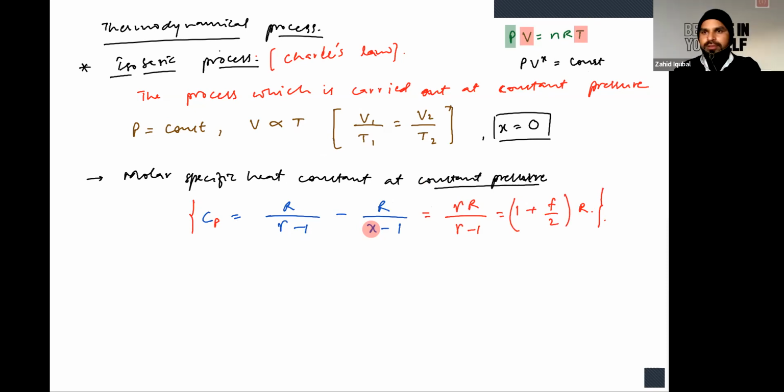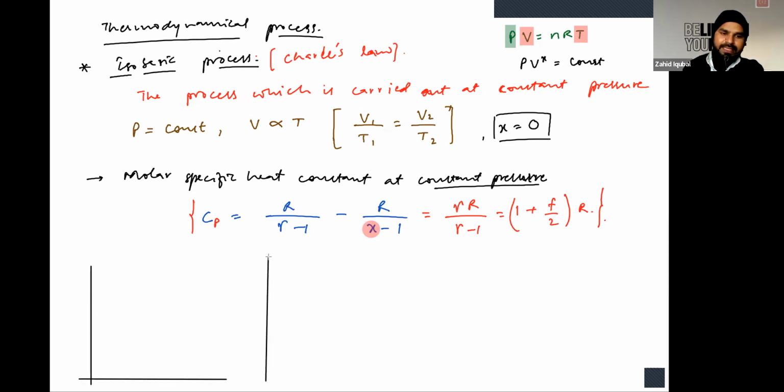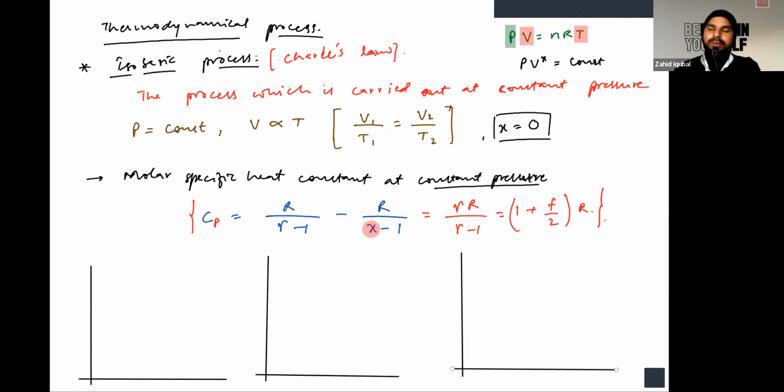Next, we have to plot the variation of pressure versus volume, pressure versus temperature, and volume versus temperature, which is also called the indicator diagram. In this part, we have constant pressure, so the graph will be like this.